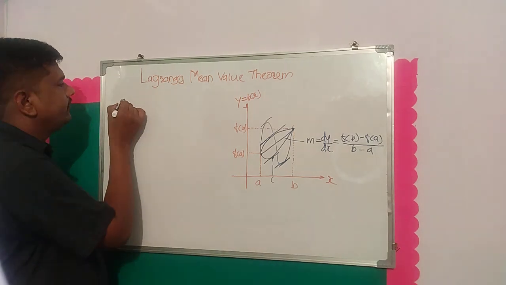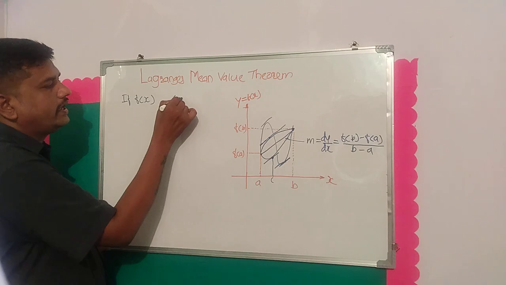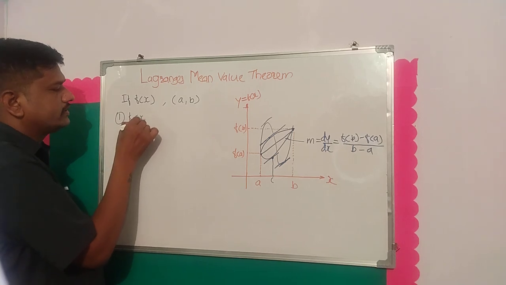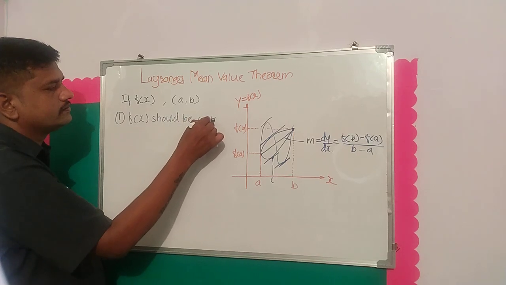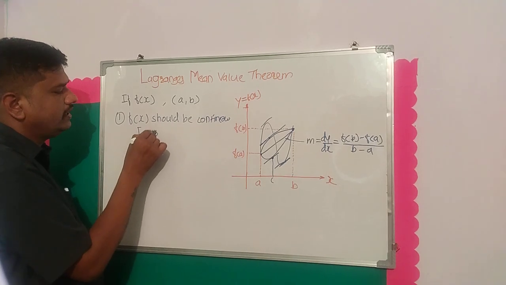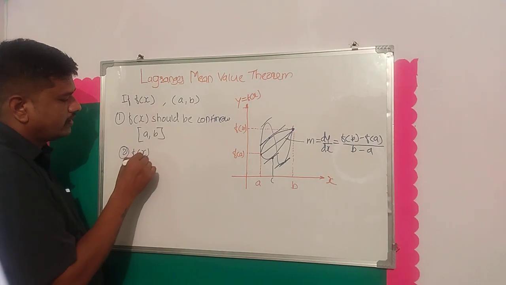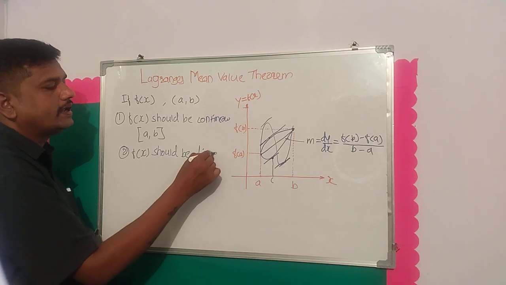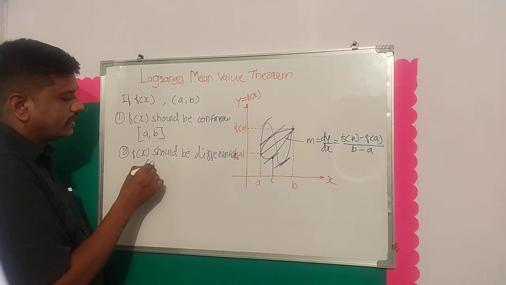So as per the statement, if f of x is defined in an interval a comma b such that the first condition is f of x should be continuous within the closed interval a comma b, and this same f of x should be differentiable within the open interval a comma b.